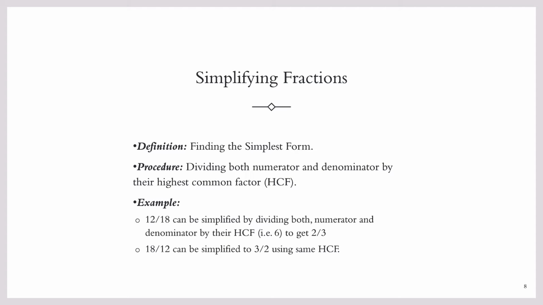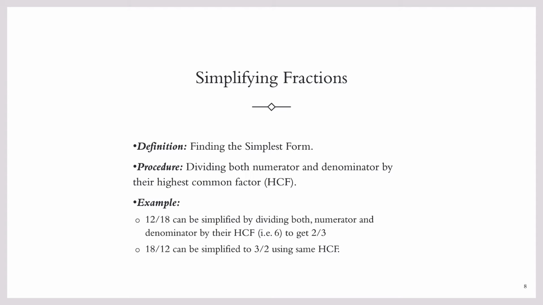An example can be 12 over 18, which can be simplified by dividing both the numerator and denominator by their highest common factor. In this case, the highest common factor of 12 and 18 is 6. So we get 2 over 3, as 6 times 2 is 12 and 6 times 3 is 18.